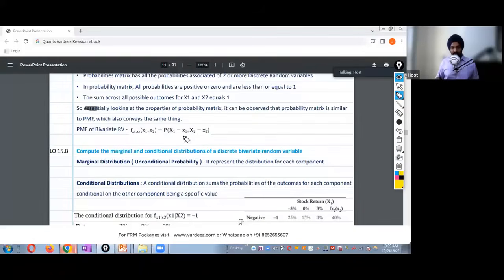Looking at the properties of a probability matrix, it can be observed that it is similar to the PMF. A PMF also gives you the same information in a table kind of format. That's why we say that the PMF of a bivariate random variable is equal to the probability matrix, which is what the learning objective is all about.